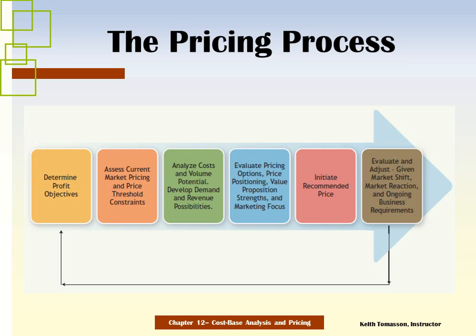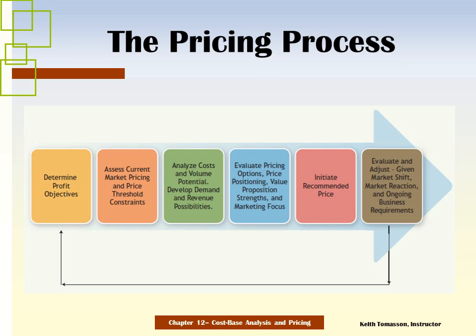We understand what's happening in the current market, what consumers will pay, analyze our costs, potential volume for sales, evaluate our different pricing options, the value proposition, the strengths, the marketing message that we're able to do, and initiate a recommended price, and make sure that we're continually evaluating and adjusting our pricing strategies given the reaction of the market, given market shifts, changes to the dynamic business environment, the macroeconomic environments, the changes within our organization.